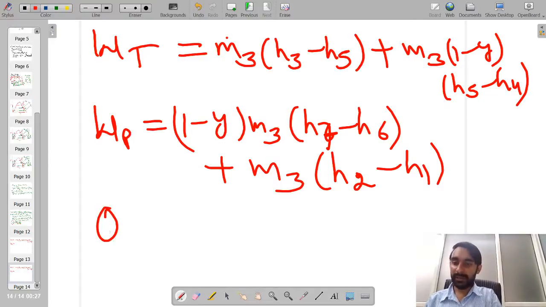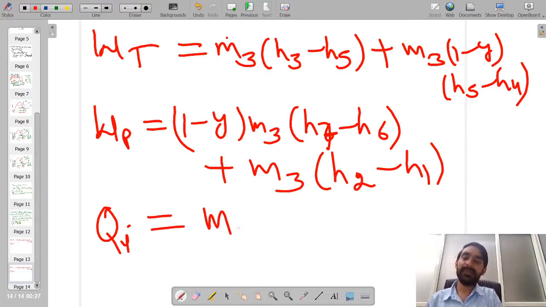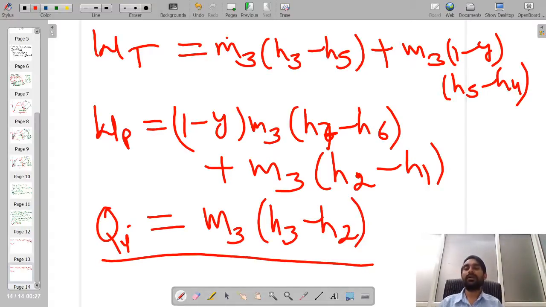And the heat added inside the boiler is m3 into H3 minus H2. So these are our individual turbine work, pump work and heat added quantities.